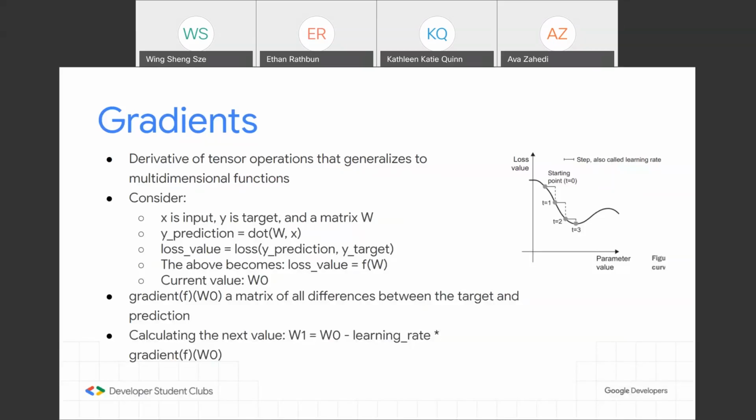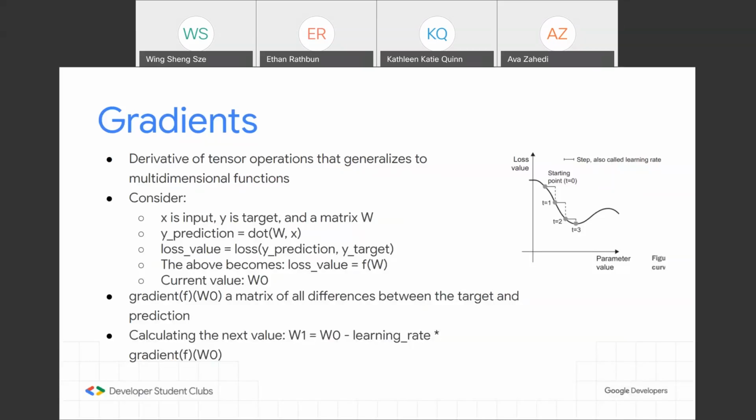And then more importantly, gradients is the application of derivatives, but generalized to however many dimensions the actual function is on, where you'll be considering your x as inputs and y as the target values. And because we're also learning, you need a matrix of the different weights.